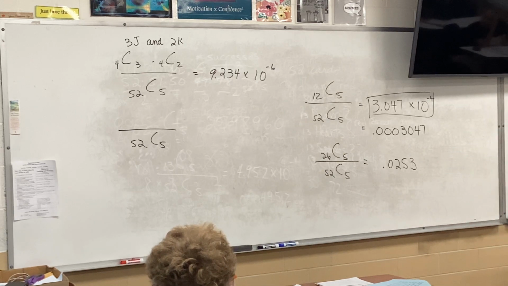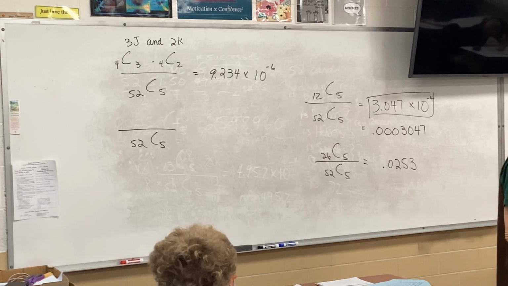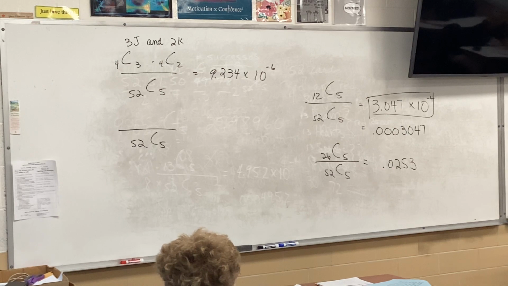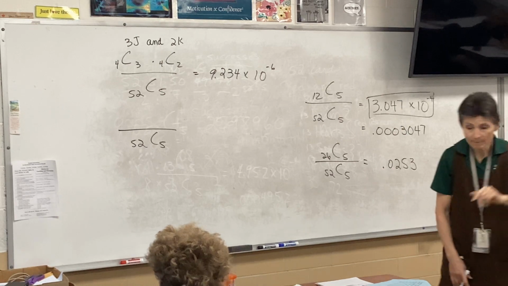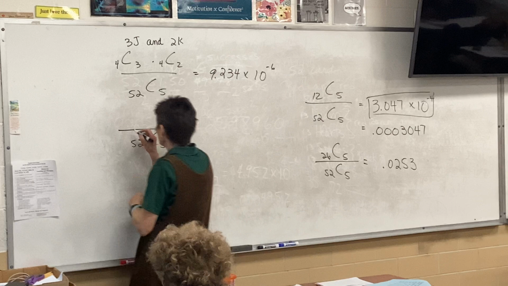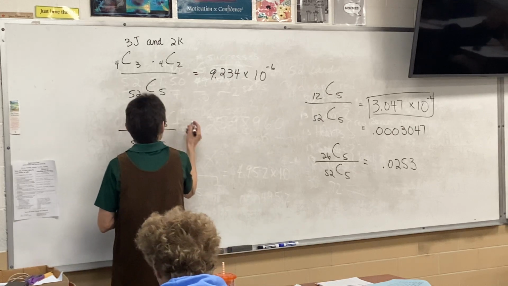So if there's 12 cards that are face cards, then how many are not face cards? 40. I want all not face cards. So what's my numerator? 40C5. Right? Aren't there 40 cards that aren't face cards? And I am choosing 5. So my numerator is 40C5.